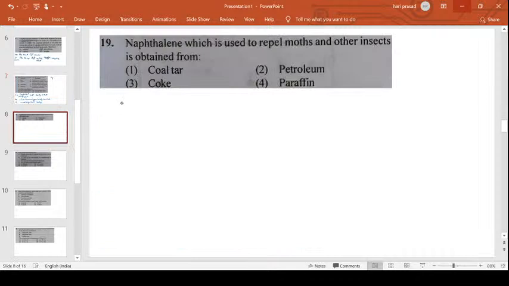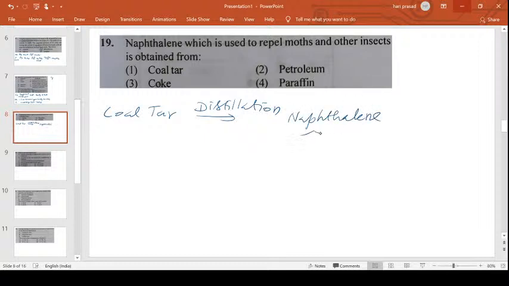We will take the next question. This question is about naphthalene. How do we get naphthalene? We take coal tar for distillation, and we get naphthalene. The naphthalene formula is one benzene ring fused with another benzene ring.